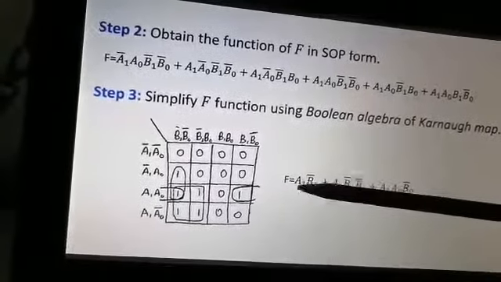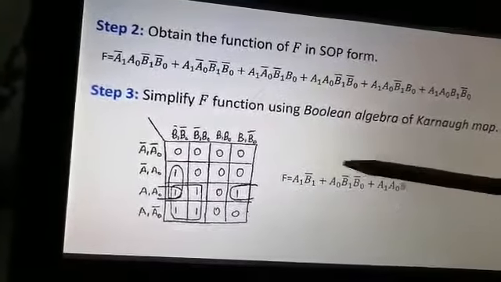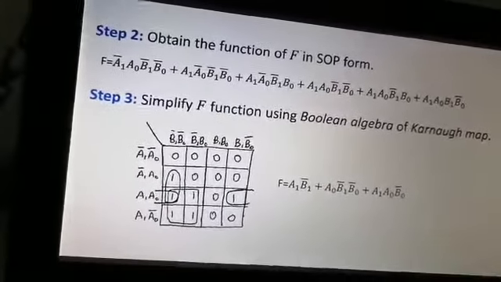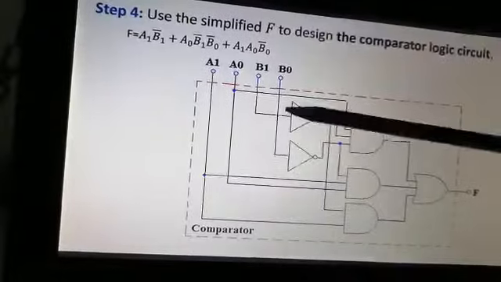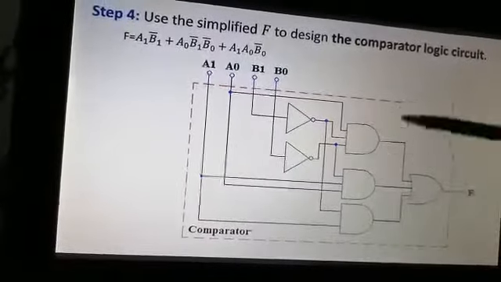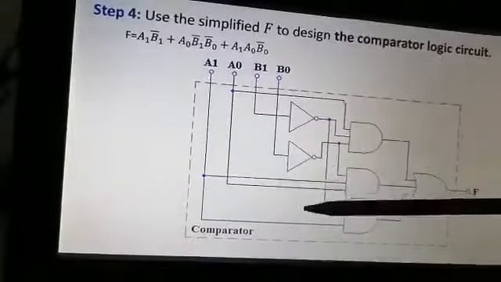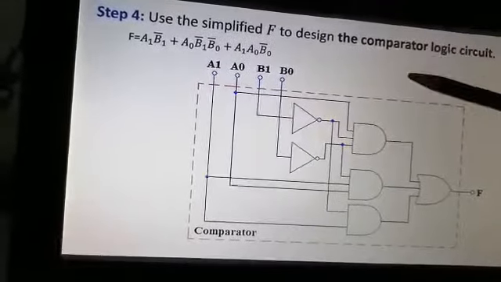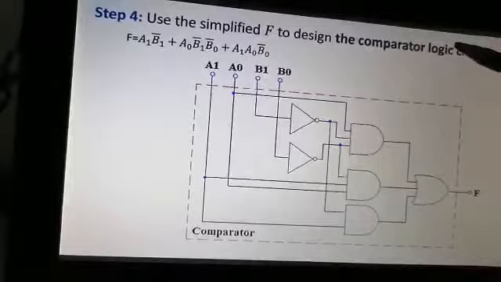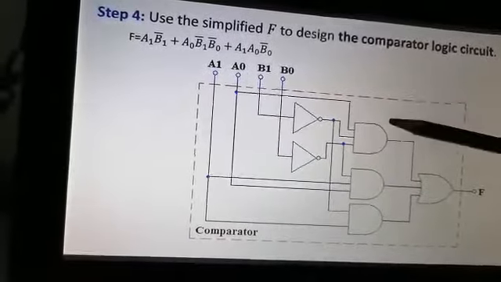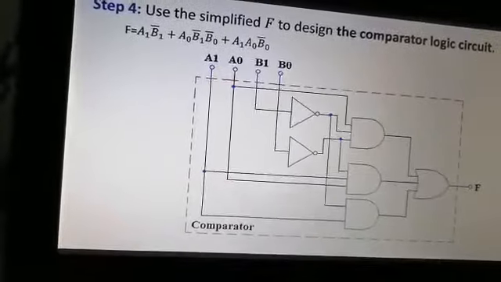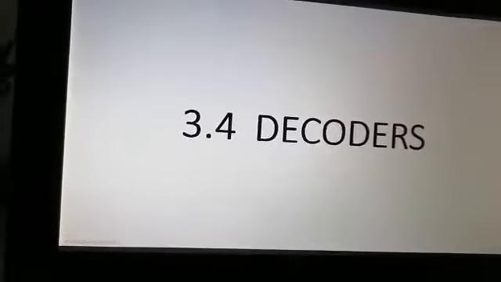After that, you can draw the logic gate based on this output. This is the comparator using the logic circuit. That's another technique, we can use logic gates to do the comparator, or we can straightforwardly use the IC. Alright. Next.